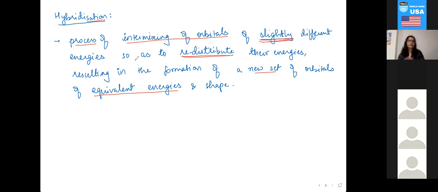And the second important thing: sigma and pi describe overlap, so there are two different atoms involved. In hybridization, whatever intermixing of orbitals is taking place, all of it is happening within the same atom only. But what is the need for redistributing and all that? I'll give you an answer when we do examples, it becomes clearer.